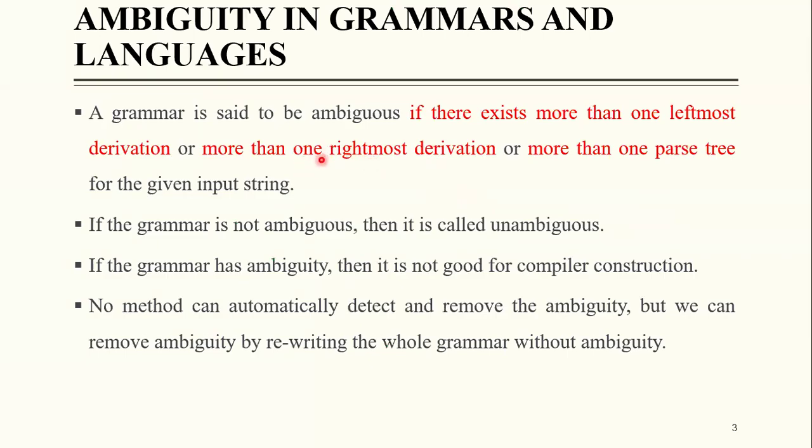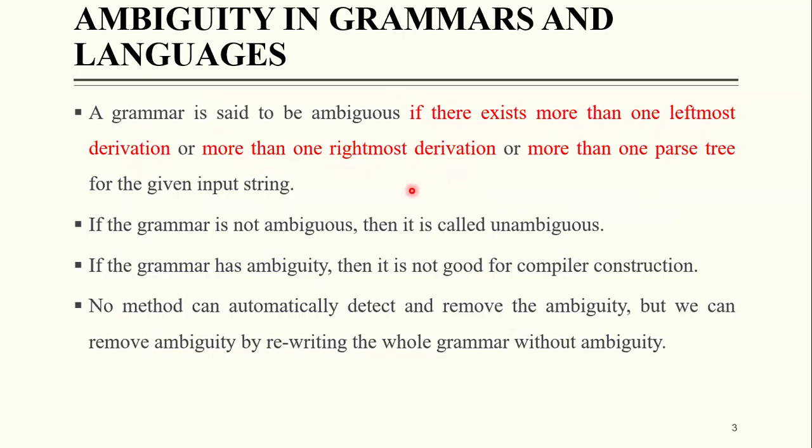Let us see first what is ambiguous. A grammar is said to be ambiguous if there exists more than one leftmost derivation, or more than one rightmost derivation, or more than one parse tree for the given input string.